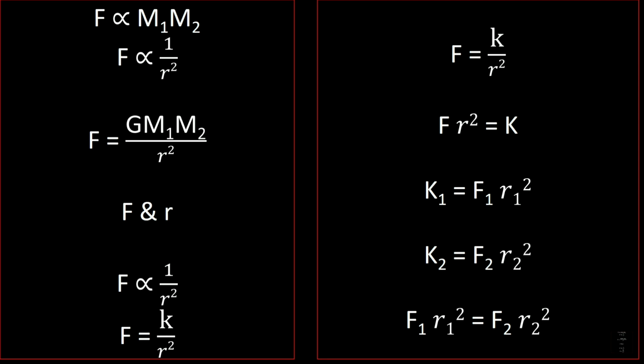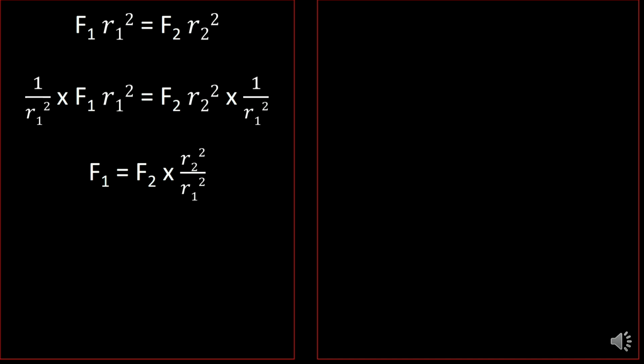Now, since most of the questions always have us find the ratio, it is always expressed as a ratio. That means we're looking for F1 over F2. Please note, this is an assumption for the question we're trying to formulate.